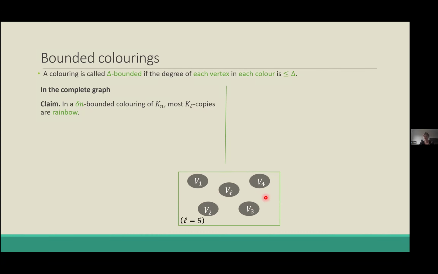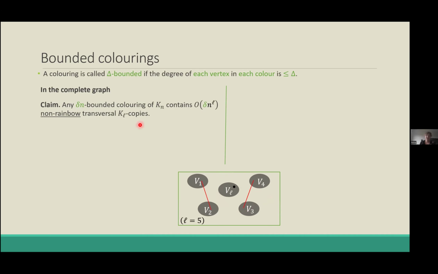Nothing really changes. So we partition into L equal parts. And then we'll be only looking at transversal copies of KL. So only the copies that use one vertex for each part. So whenever I say KL copy, I mean a transversal KL copy here.